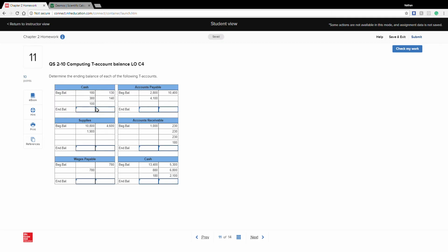So best thing is always look at which side ends up greater. I can probably tell this is probably going to be debits. This one's definitely credits. This one looks still on debit side. And this one is a little bit other. Notice that there's another cash account. Don't combine these two. They tend to do that every now and then with Connect.